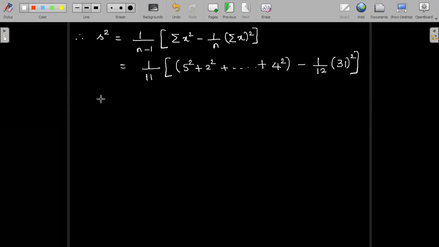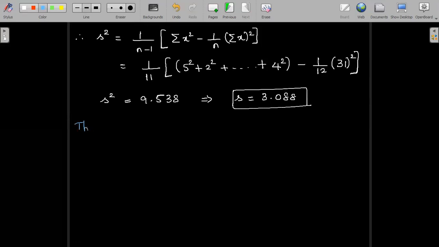So this on simplification gives us s square is equal to 9.538, or square root of this gives us the standard deviation 3.088. And this helps us to now find out the student t, that is given by x bar minus mu divided by s multiplied by square root of n.